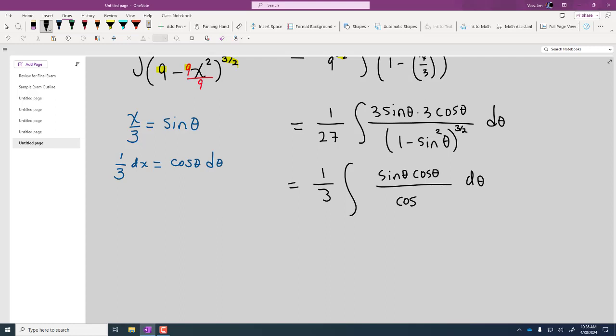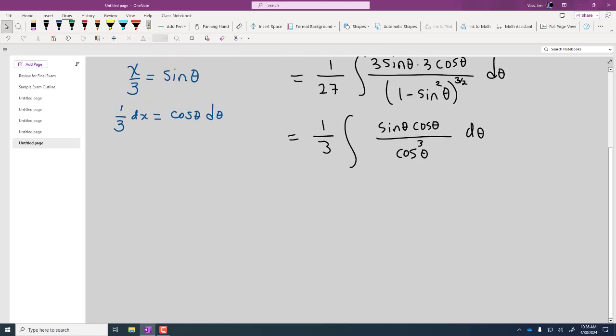So we're going to end up with cosine cubed of theta. Which will cancel one with cosine. One of the cosines cancels. Yay. So we've got that.